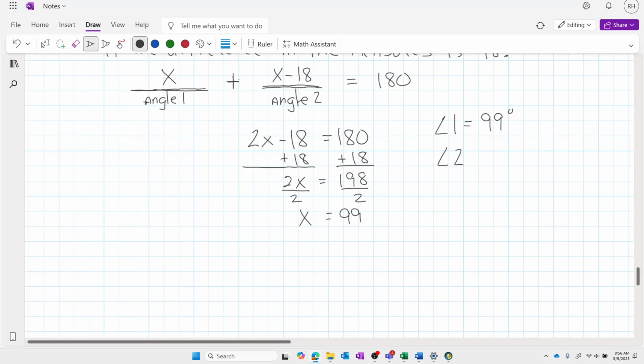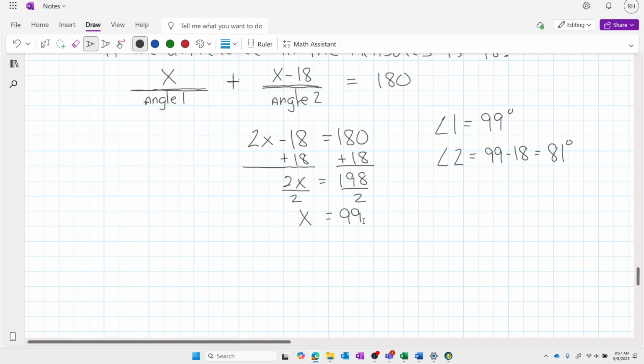And angle 2 is equal to 99 minus 18, which is 81 degrees. So those are your two supplementary angles whose difference is 18 degrees. Questions?